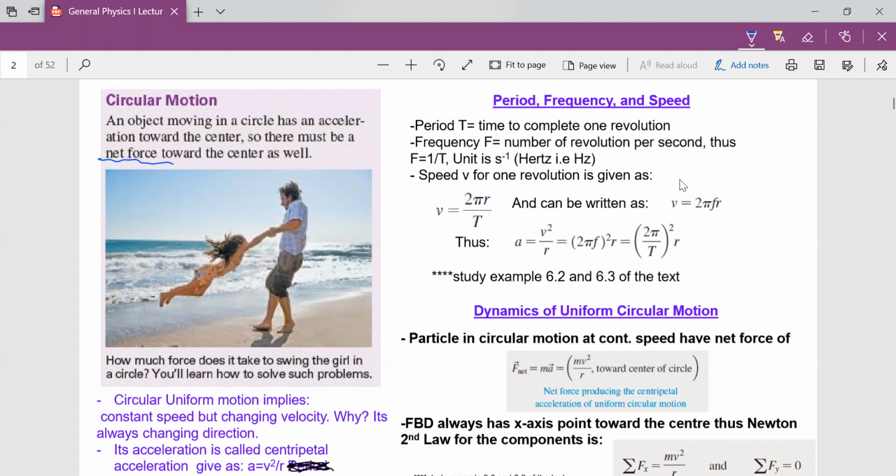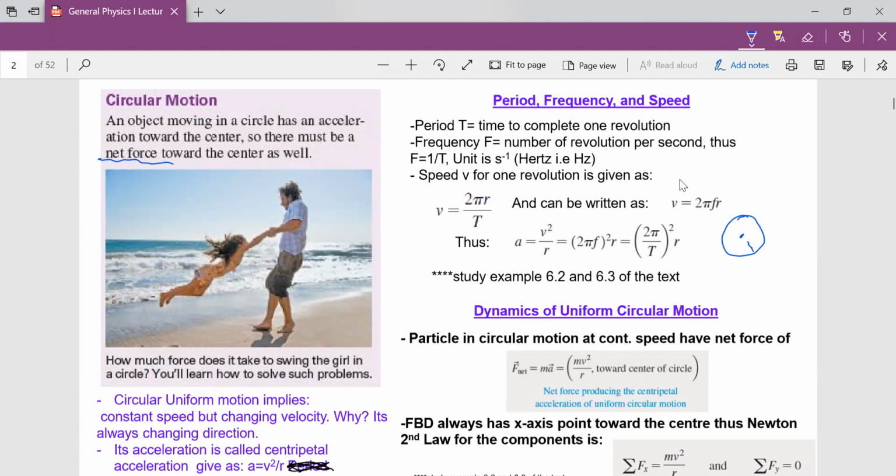The reason why the speed can be constant or steady, but the velocity is changing, is because in a circular motion, the direction of the velocity keeps changing. And because the direction is changing, we have changing velocity as well.